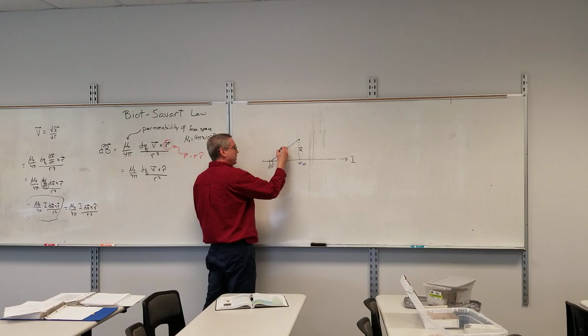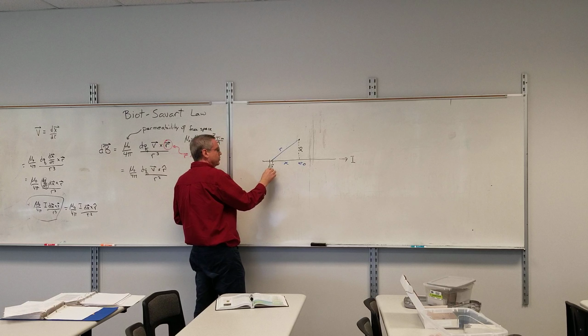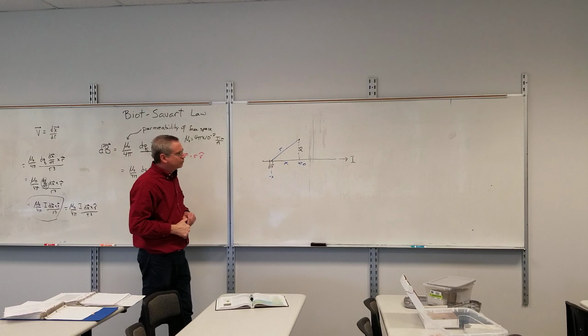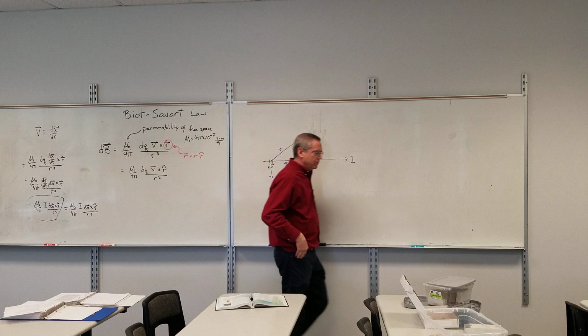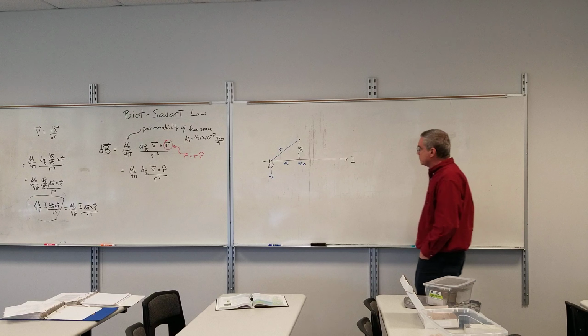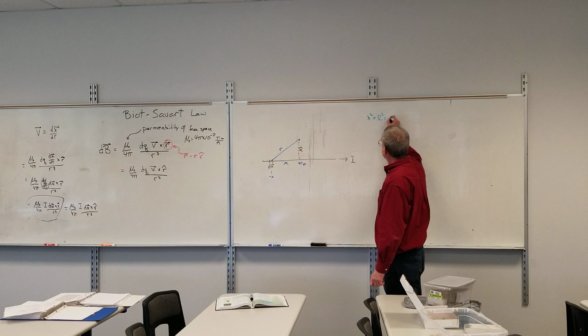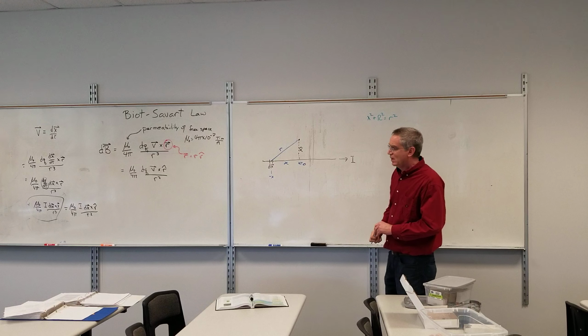That distance right there would be little r. This distance right here would be negative x. Actually, the distance is x. This point right here would be negative x. So I have a right triangle. Tell me the relationship between the sides of the right triangle. X squared plus capital R squared equals little r squared. That will come back.